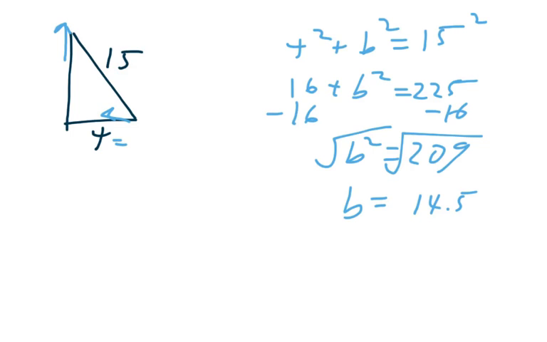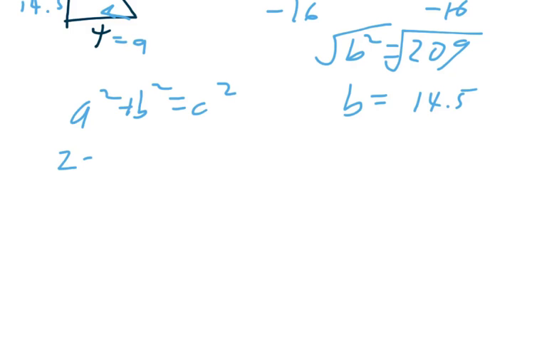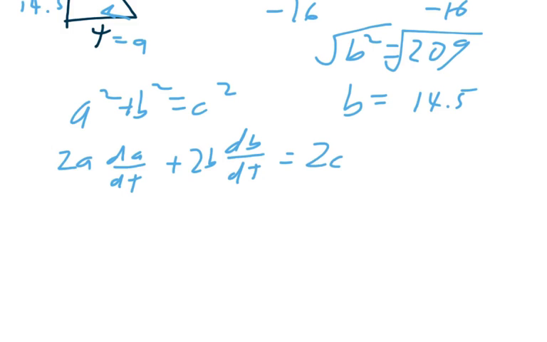So in this, I'm going to call this A. I'll call this B. I'll call this C. So a squared plus b squared is equal to c squared. So when I take the derivative, I get 2a dA dt plus 2b dB dt is equal to 2c dC dt.